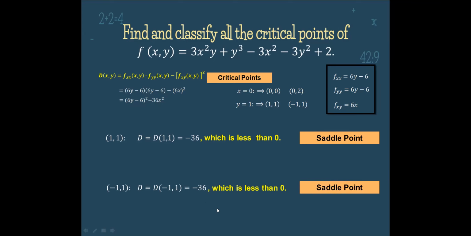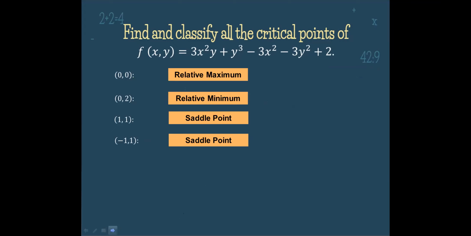So there are two saddle points here, and then we have the relative minimum and the relative maximum. To summarize everything, (0, 0) is our relative maximum, (0, 2) is our relative minimum, and both (1, 1) and (-1, 1) are the saddle points.